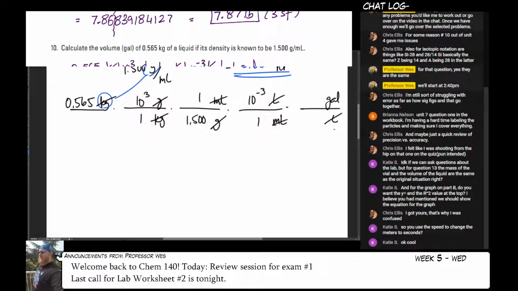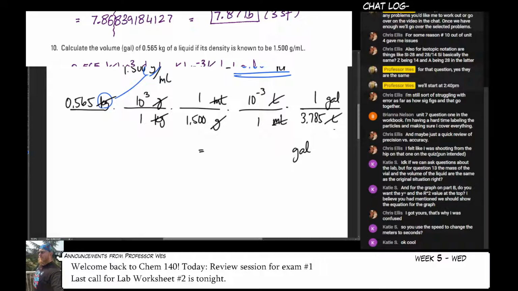That one I don't have memorized, though. 1 gallon to liters. 3.785. There we go. And so this would give me the answer in gallons.